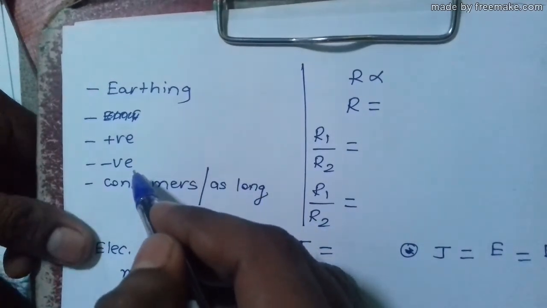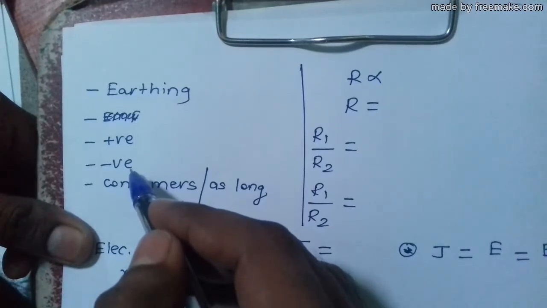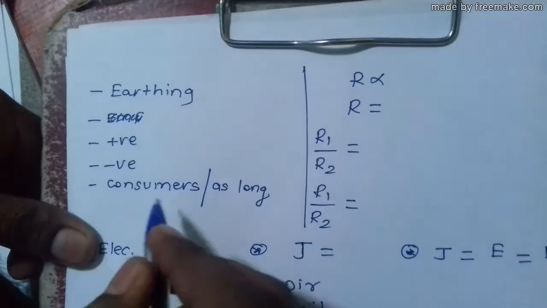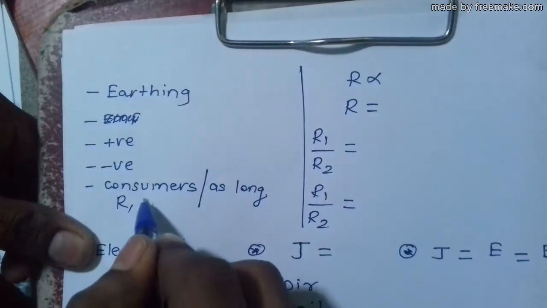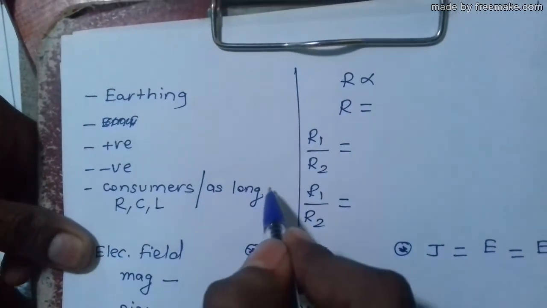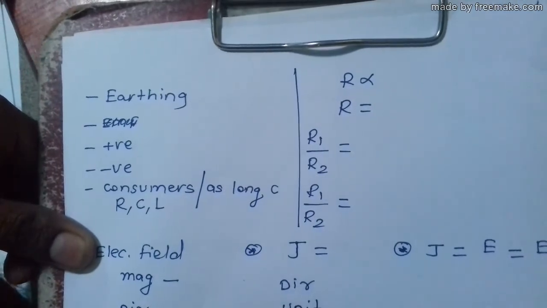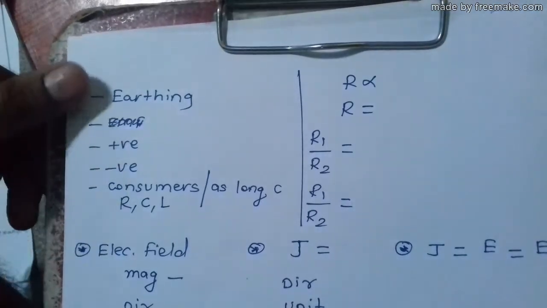Negative terminal means lower value of potential. Then which are consumers of potential? Resistances, capacitors and inductors. And as long as the conductor is present, potential remains the same.